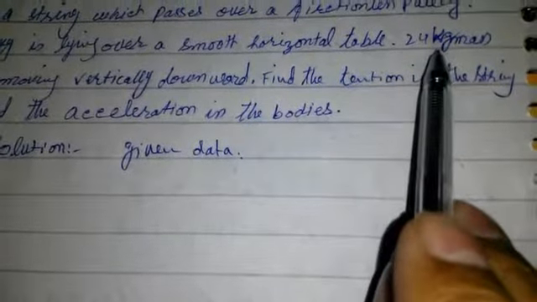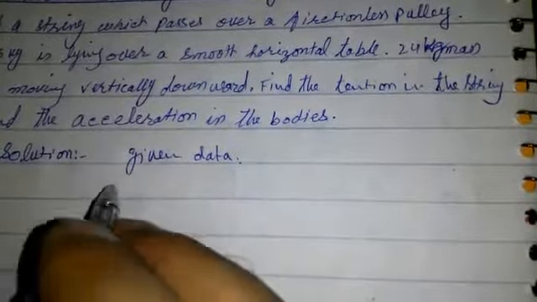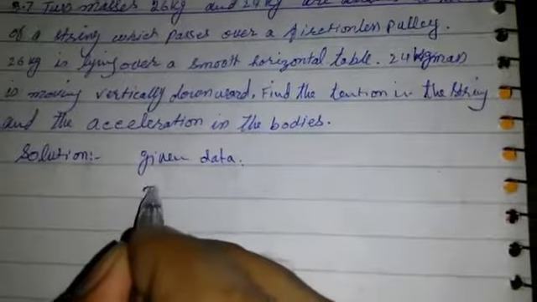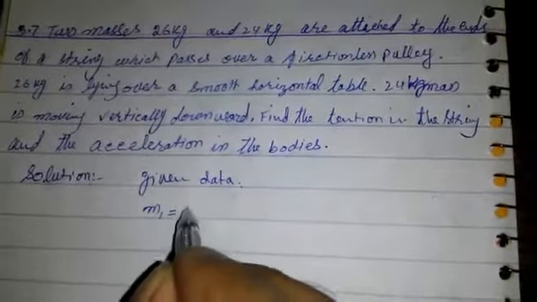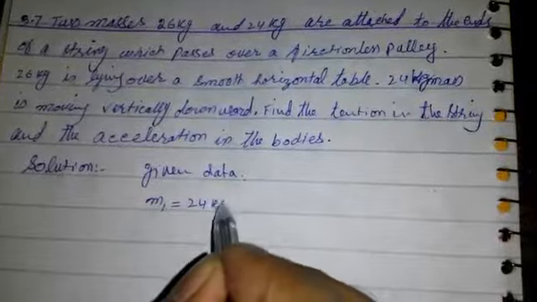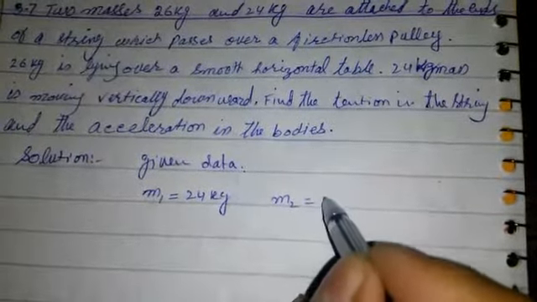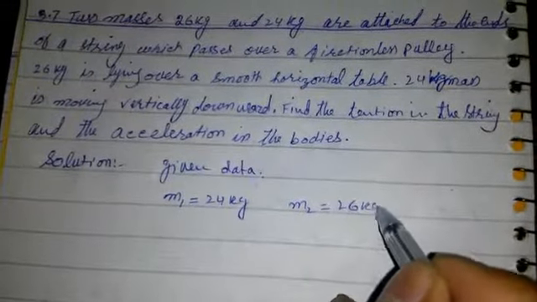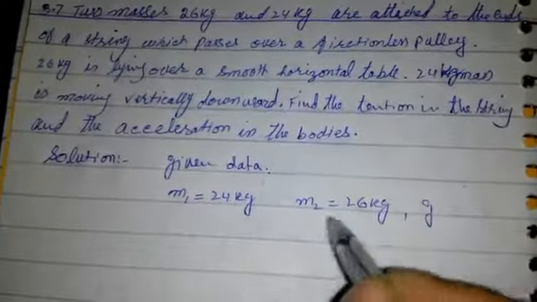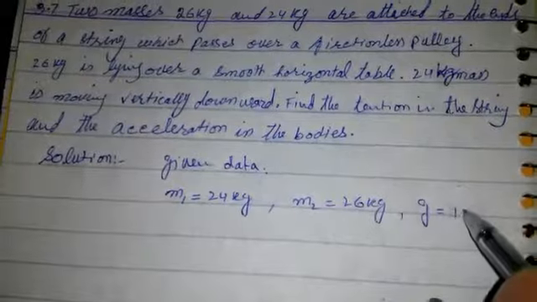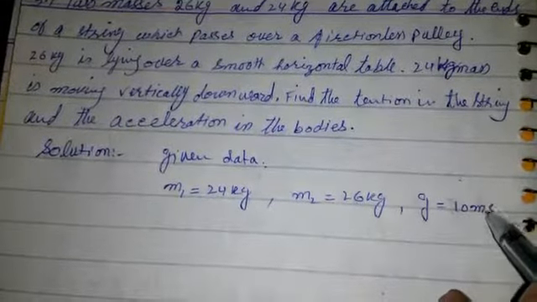So we take M1 is equal to 24 kilogram. We know G is equal to 10 meter per second.